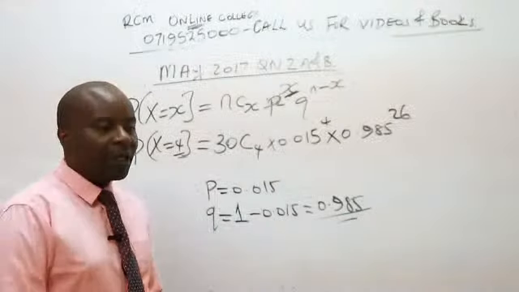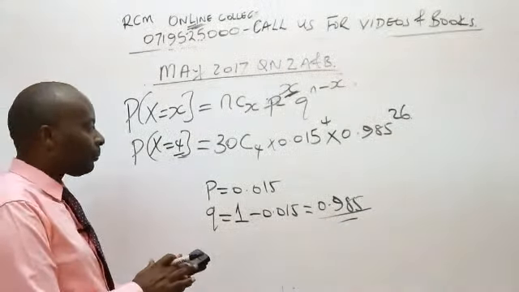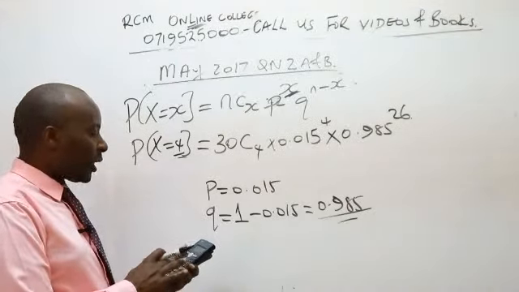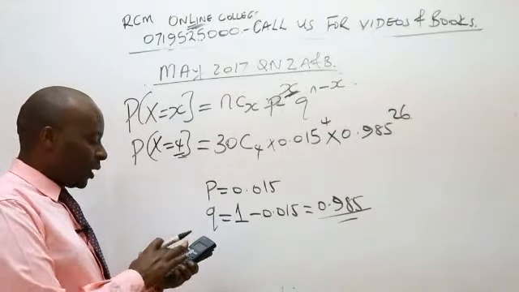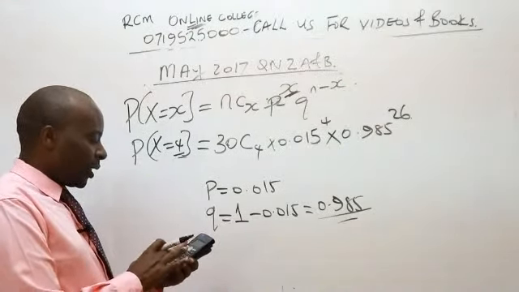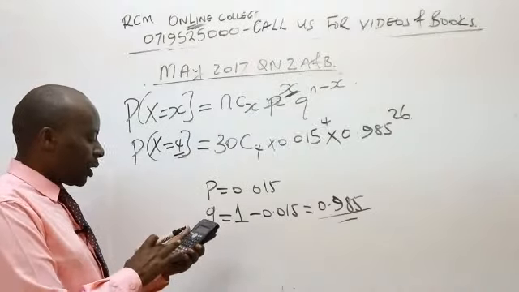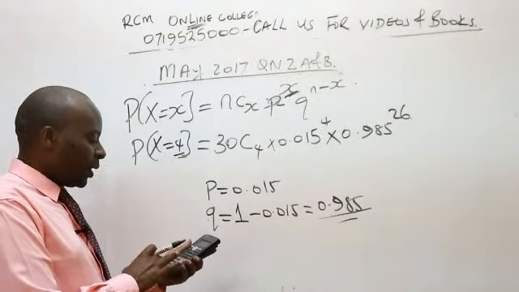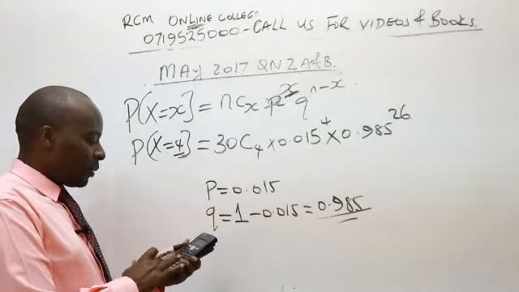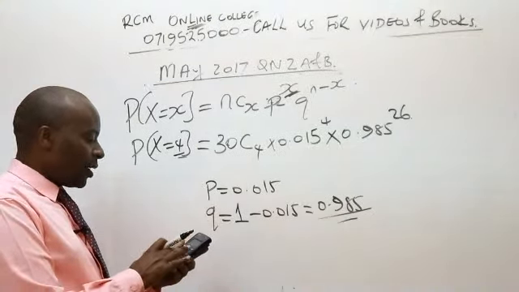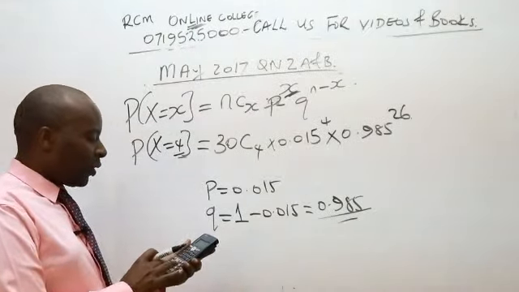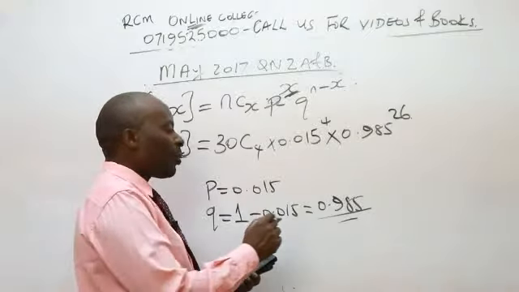So ladies and gentlemen, straight away, 30 combinations 4 times 0.015 raised to power 4 times 0.985 raised to power 26, which at the end of the day again gives us a very small probability.